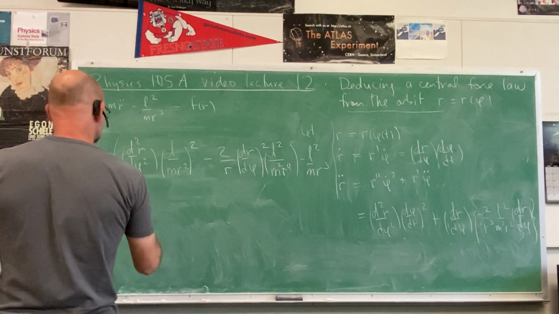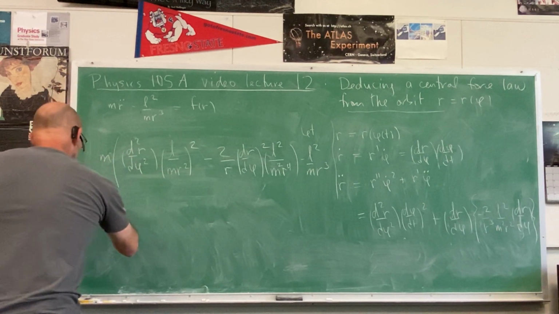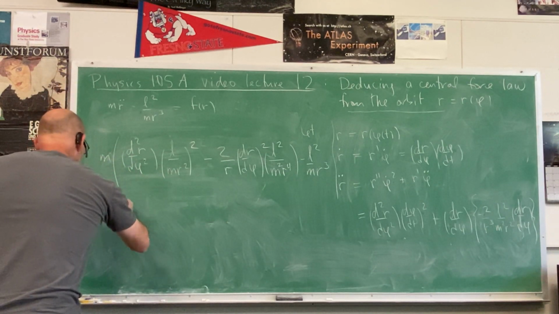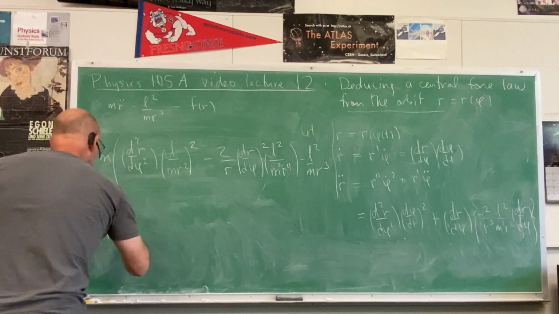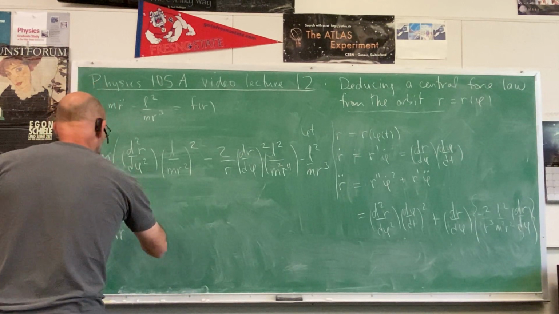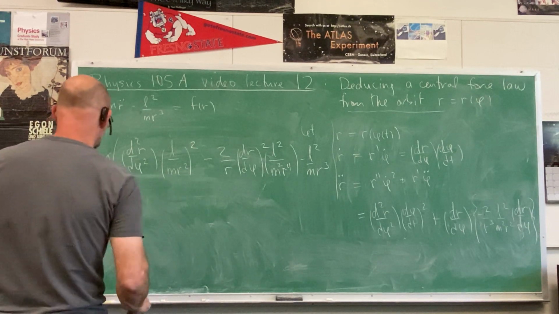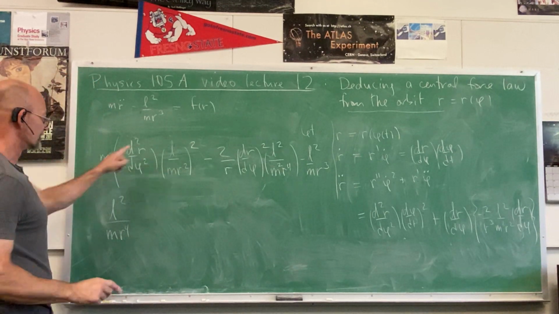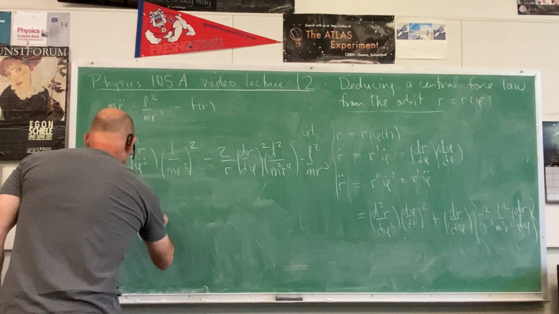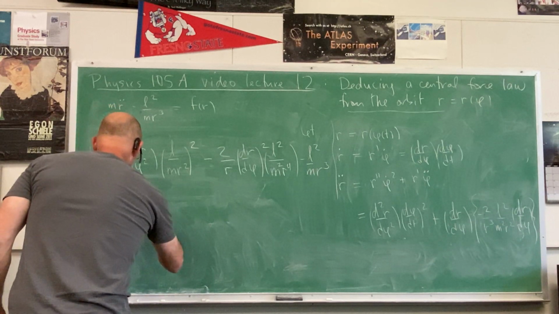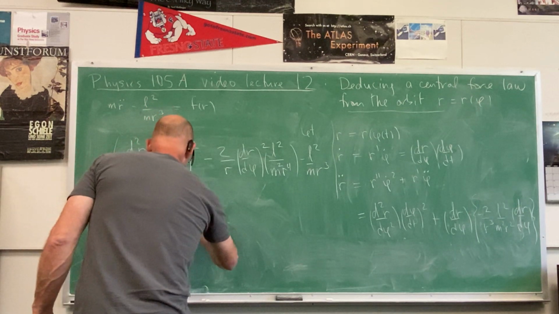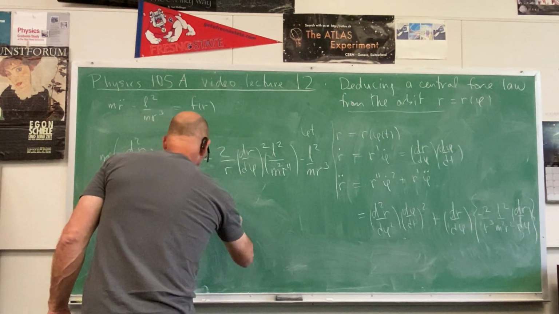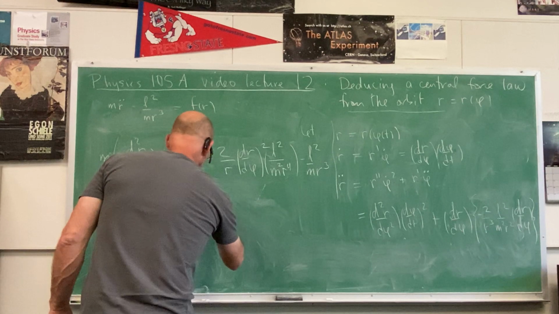So now we have a common factor of L squared over m r to the 4th, and cancel m squared. And then we have d squared r d phi squared minus 2 divided by r, dr d phi squared.